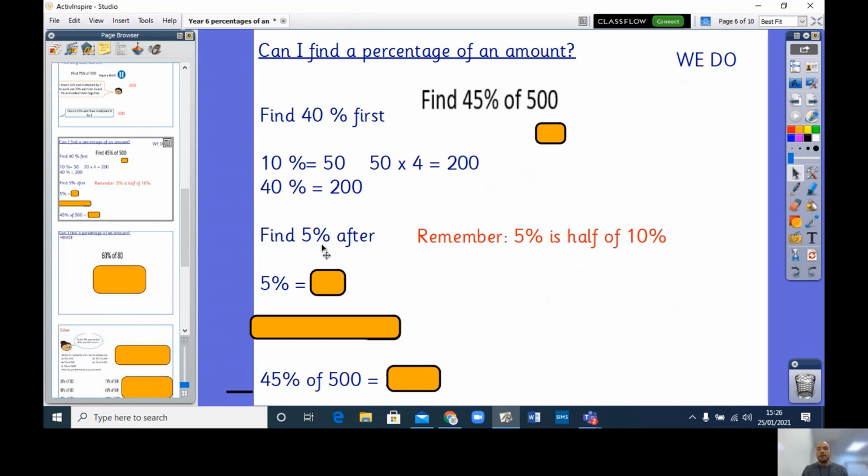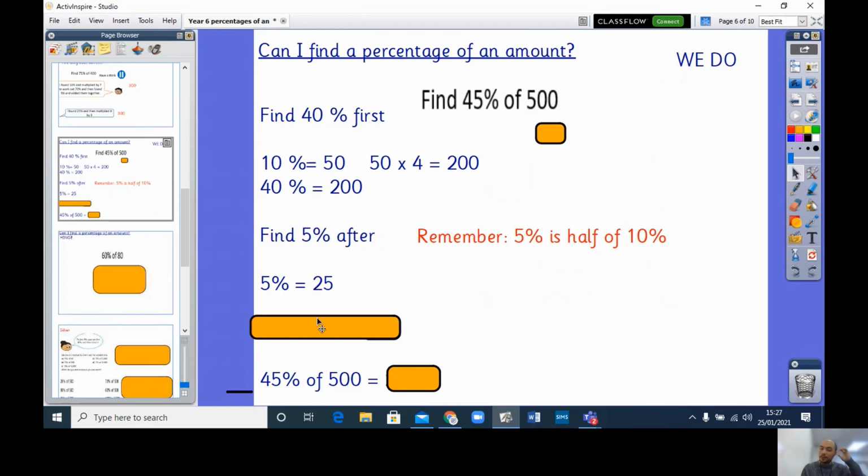So then we find the 5% after. Remembering 5% is half of 10%. So if we know 10% equals 50, 5% is going to equal 25. So we've got 200 as 40%, and we've got 25 as 5%.